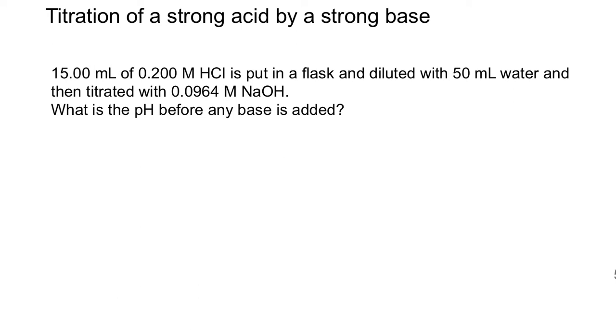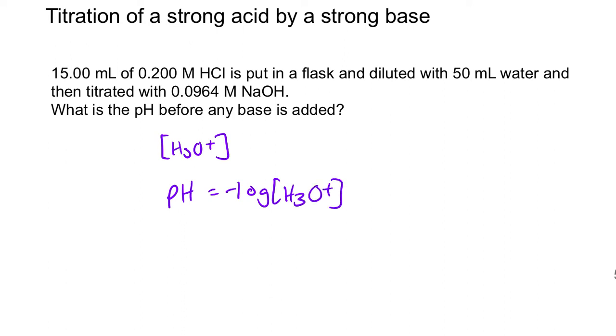A strong acid problem, right? The only thing we need to know is the concentration of H3O+. Once we have that, pH equals minus the log of H3O+, and that's a relatively easy calculation to do.